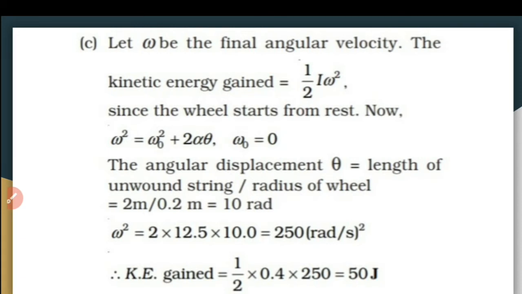Here the arc length is the length of the unwound string, and that divided by radius gives the angular displacement. Getting theta, we get omega square as 250 radian square per second square. So the kinetic energy gained is half into 0.4 into 250, that is 50 joule.